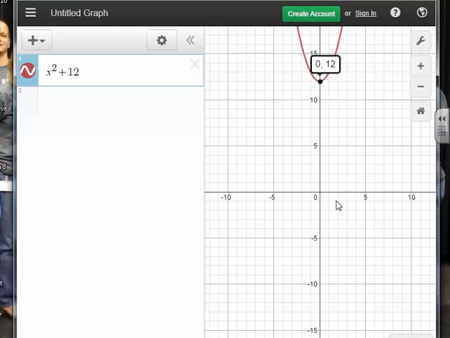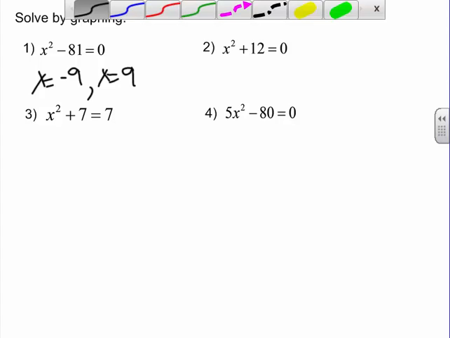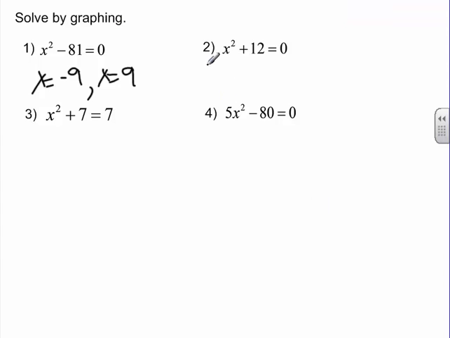So when I go back here to write in my answer, this is one of those where we're going to say no real solution.